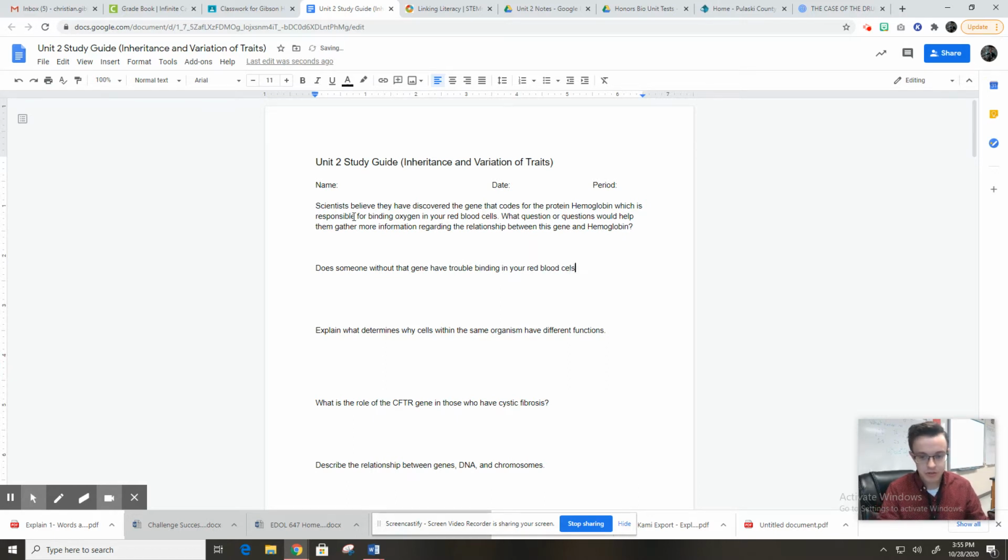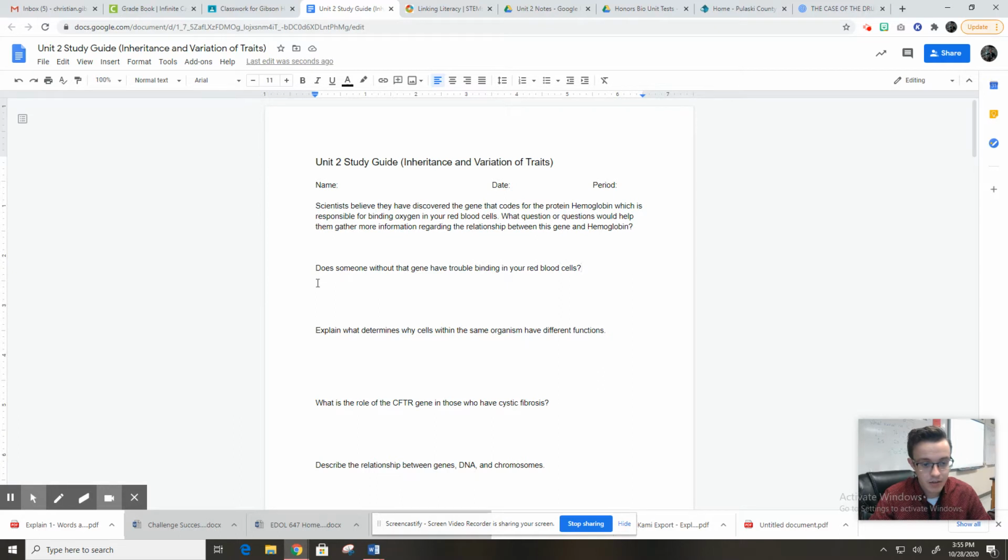Because that's what hemoglobin does. It binds oxygen and transports it in your red blood cells throughout your whole body. So if you can find someone without that gene or with a miscoding in that gene, and you test them and you see they don't have functioning hemoglobin, this gene is messed up and hemoglobin's messed up because they're not transporting oxygen correctly. Then that would give you a clue that there is a relationship between that gene and hemoglobin.